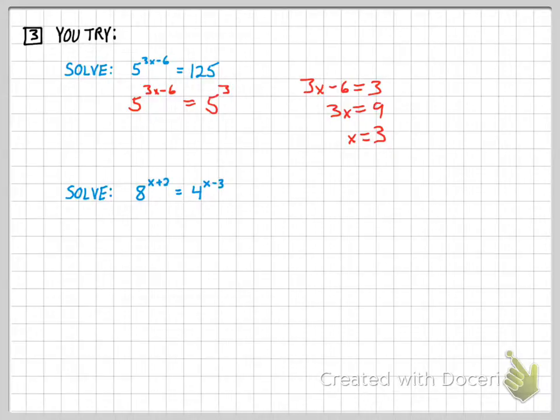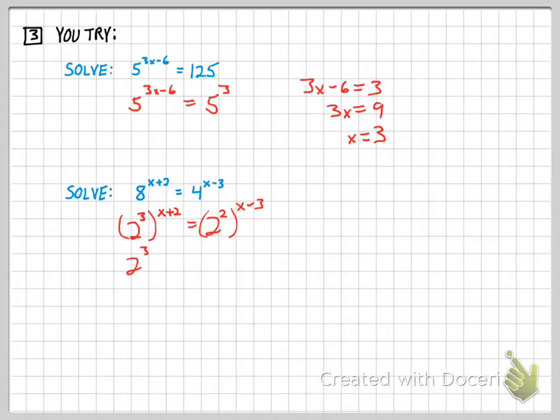Okay, try this next example. Alright, our important base in this one is 2. 8 is really 2 to the 3rd power, and 4 is really 2 squared. So both of these can be rewritten in base 2.